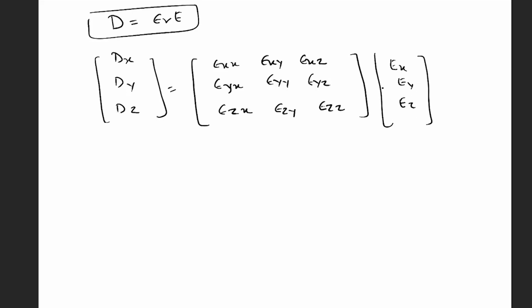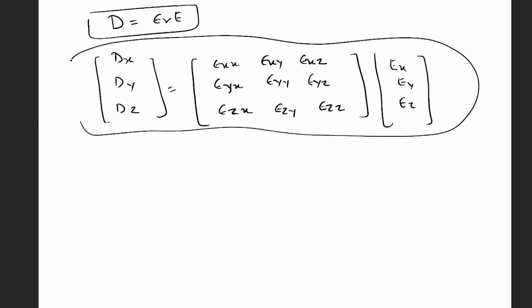So you see, this is some kind of tensor quantity. Now this D is basically depending upon so many values of epsilon. So this is an anisotropic medium.